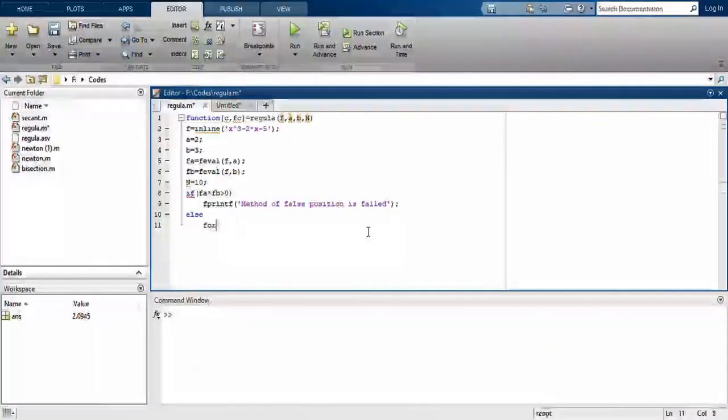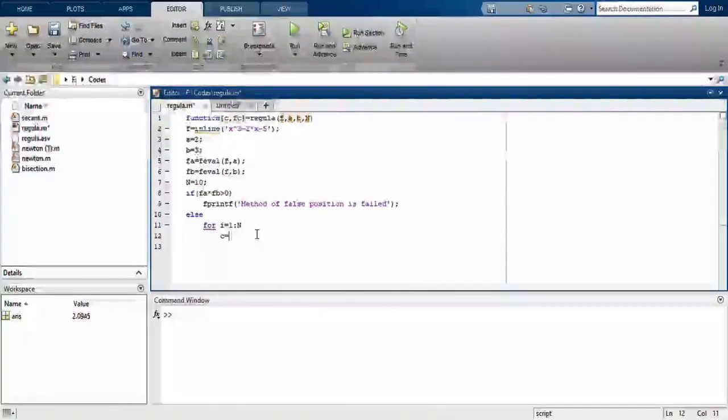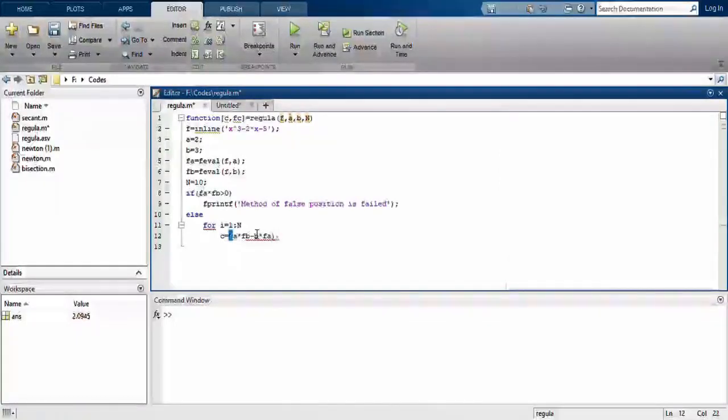Else, for i equal to 1 to n, let c be equal to the iterative formula: a multiplied by f of b, so here it is fb, use the brackets, minus b into fa, divided by fb minus fa.